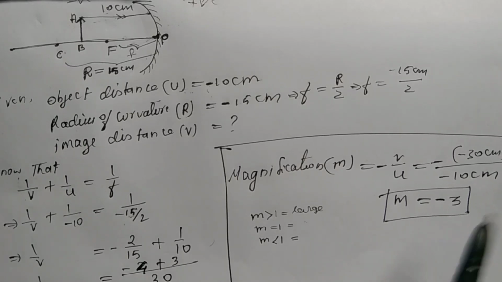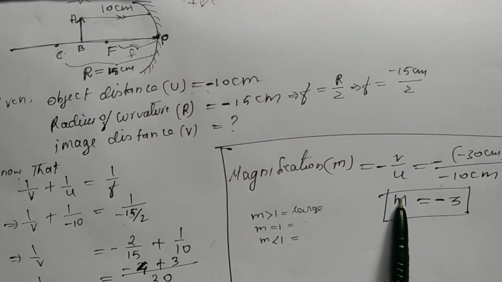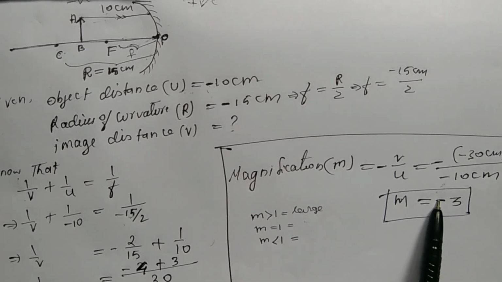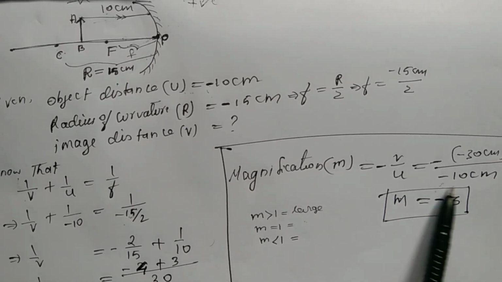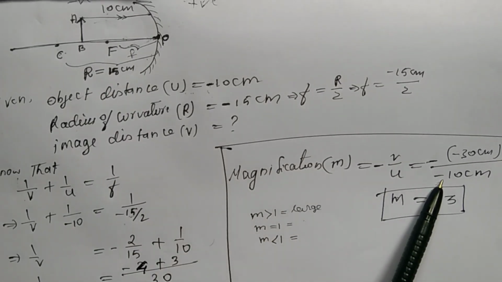Now look here, don't look at this negative sign. Here m means what? Greater than 1, isn't it? 3 is greater than 1. Don't look at this negative sign, because why is it negative? Because the image is formed in front of the mirror. This side means negative, so don't look at this negative sign.